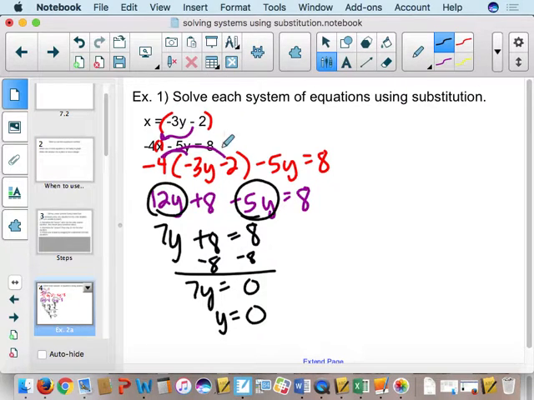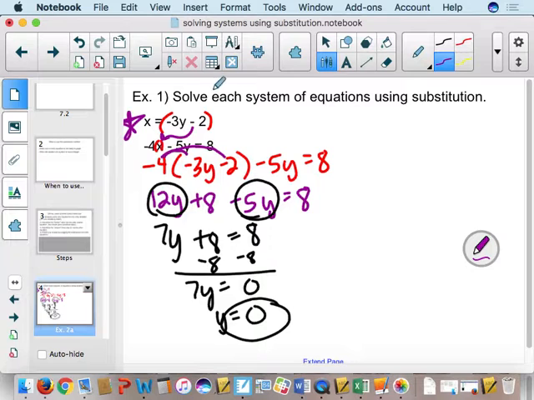Okay, we had a variable by itself, we substituted in, we got a numerical answer. So we know what y is, we need to know what x is. Step 3 said to take your answer and plug it into the other equation. And that equation, where x is by itself, is going to be the easy one to use because you're just going to plug it in.